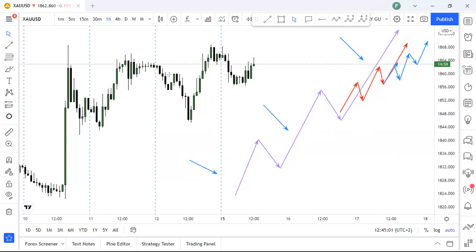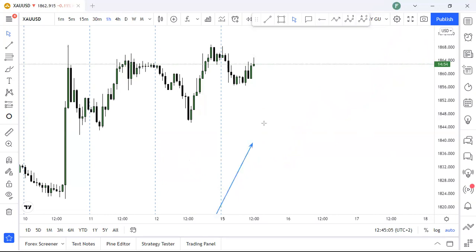So let's say wave 1 was very long, the trend just kept on going and going, and it didn't give you a proper 2.